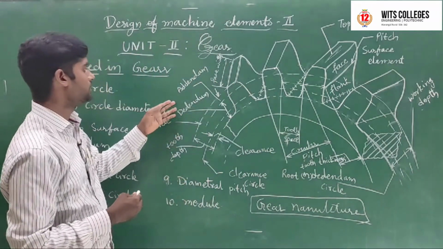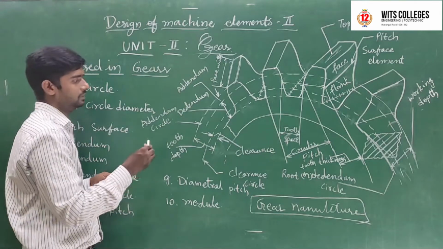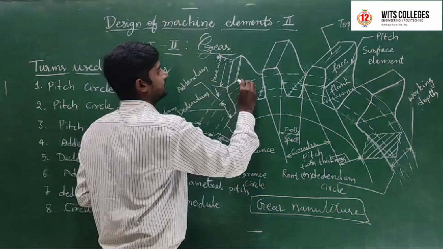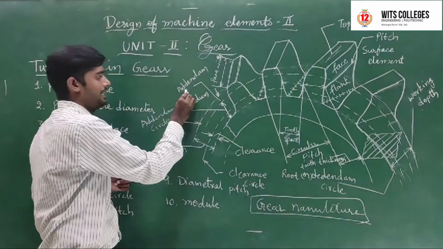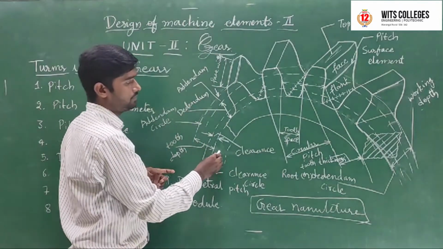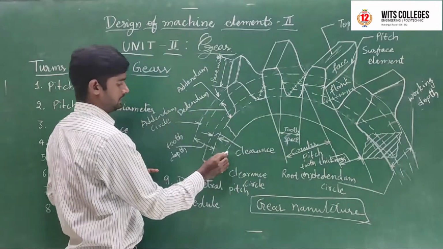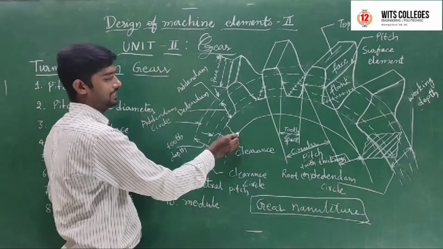Coming to the addendum. What is addendum? The circular form of the top of the teeth points is called the addendum. The bottom form of the teeth is called the dedendum. This is the addendum circle.